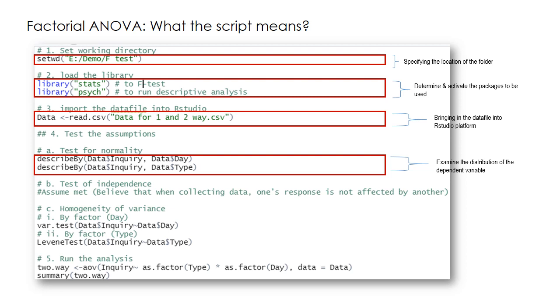Please describe it by the day. Then, following the comma, describe my inquiry data by the type. So this gives the distribution of the dependent variable by day and type.